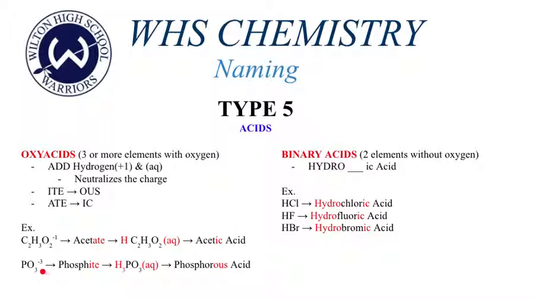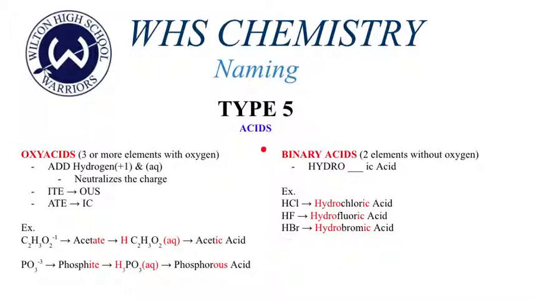It's a -3, so we need to add 3 hydrogens because hydrogens have a +1, so we have a +3. Then we add the AQ. And then since it was ite, it goes to phosphorous acid.